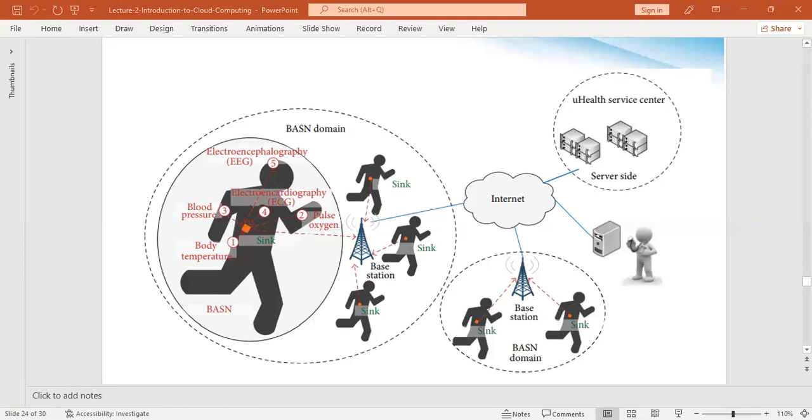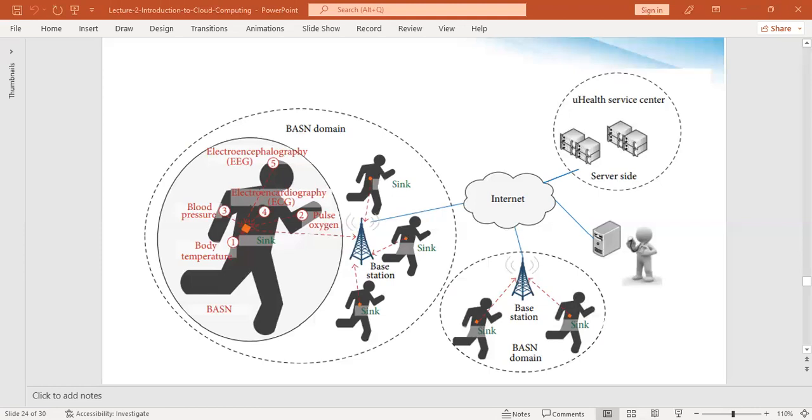These body area sensor networks are considered a very important means to relieve the pressure of insufficient medical resources and an aging population, which are becoming a very strategic direction for health researchers.